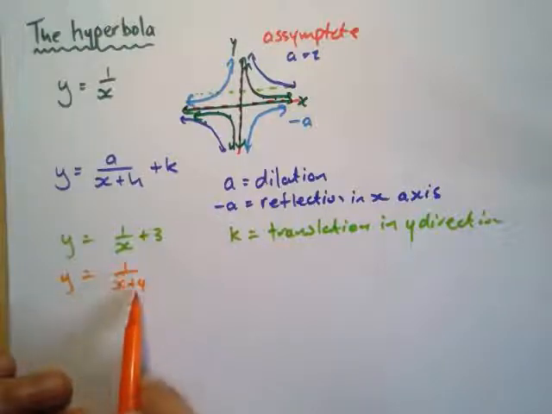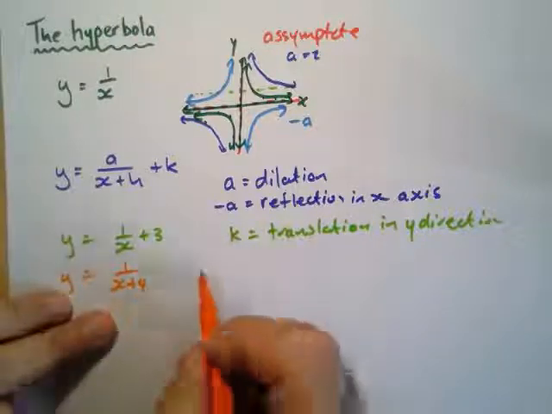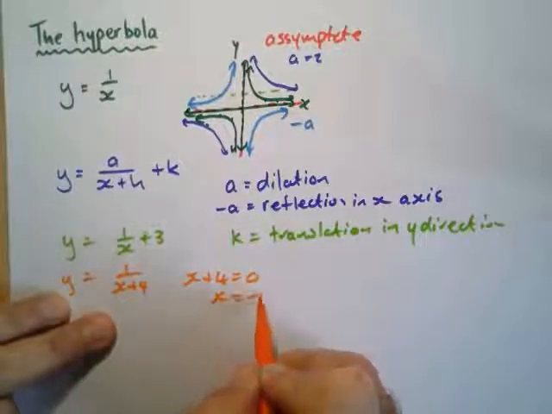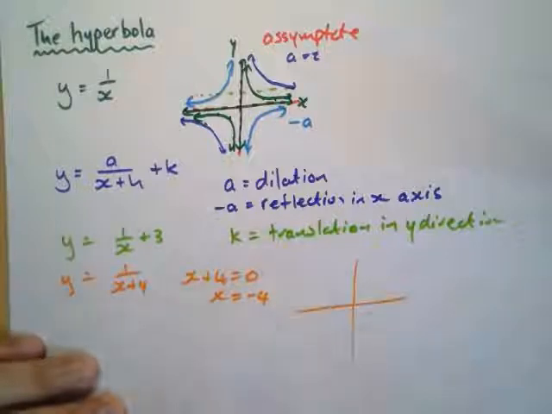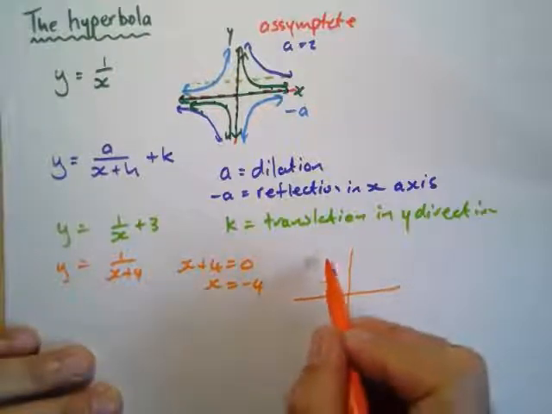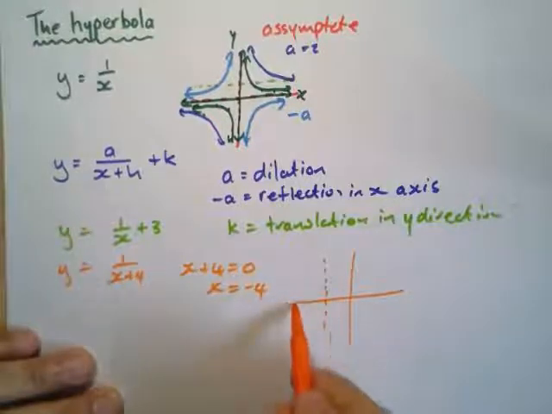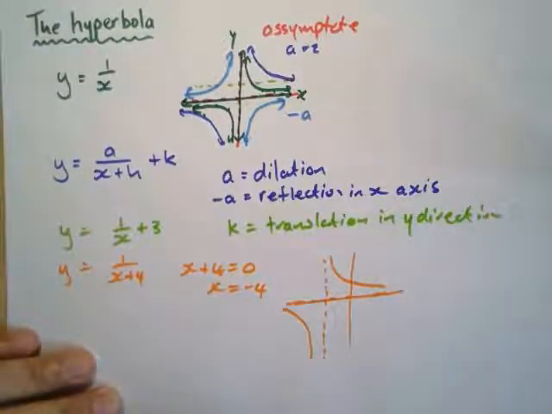But x plus 4 cannot be 0, because then I have 1 divided by 0. And where is x plus 4 equal to 0? It is where x equals negative 4. So my graph changes, and my asymptote will be where x equals negative 4. So there will be an asymptote there, and my graph will sit there and there.